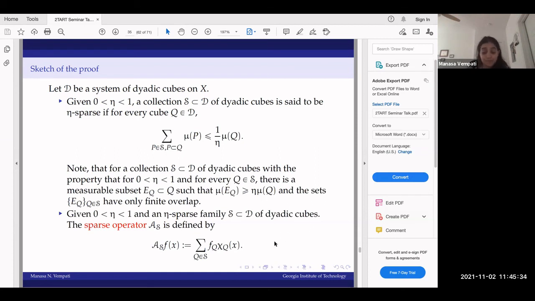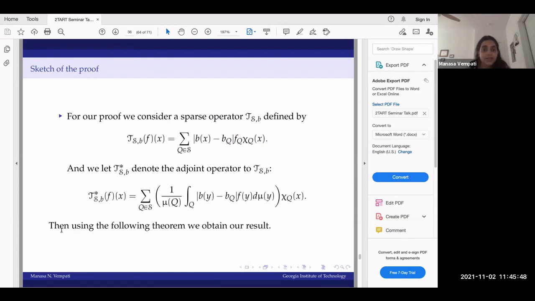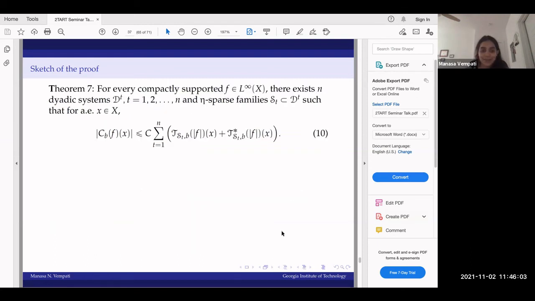In order to prove the bound for the maximal commutator, we considered two sparse operators, tau_S^B and tau_S^B star, which is the adjoint of this operator, and we obtained a result for both of these sparse operators. Showing the bounds for sparse operators is much easier than actually showing the bound for the maximal commutator.